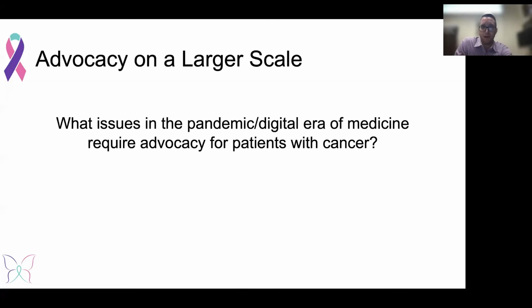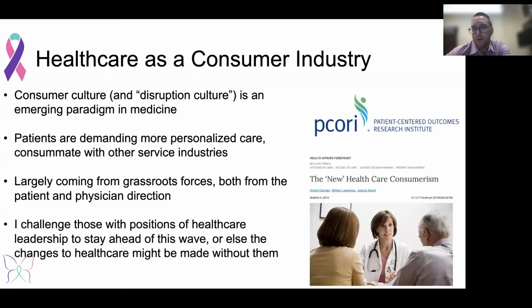So what other issues might be out there that require advocacy in this digital era of medicine? I alluded to this before, but I think more and more we're going to see healthcare moving towards a consumer model. And I think there's good and bad to that.